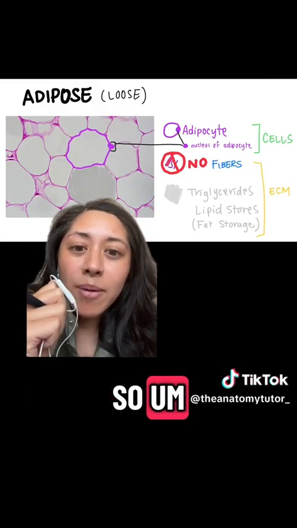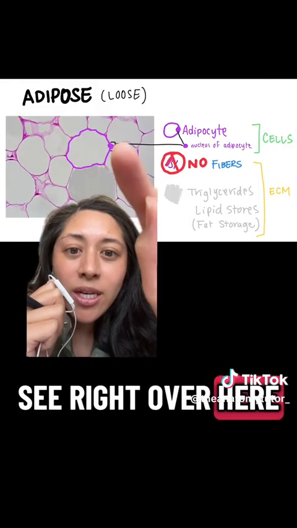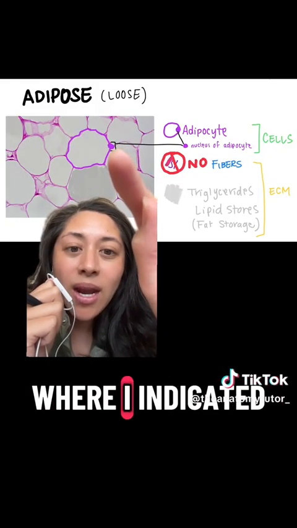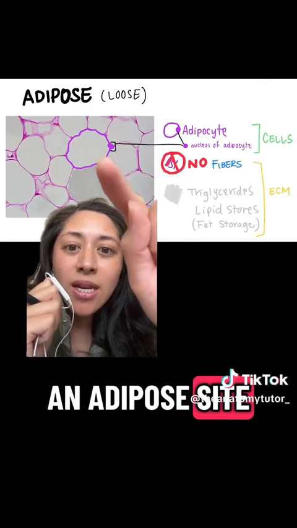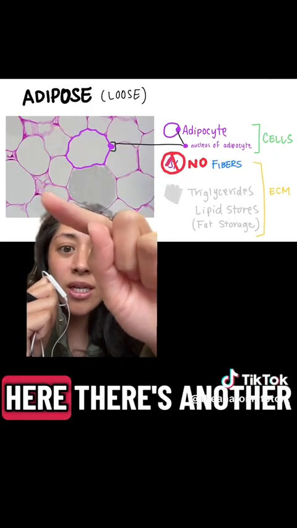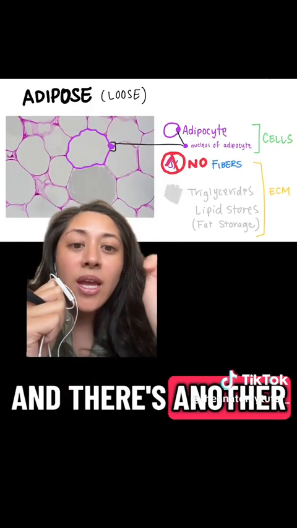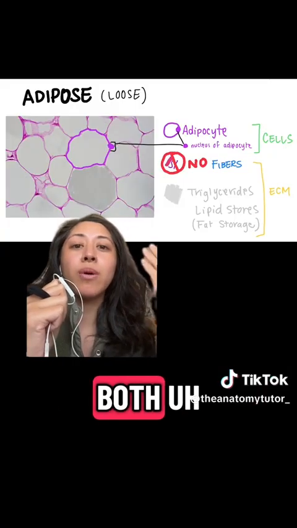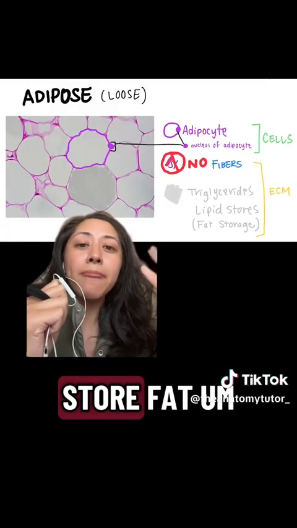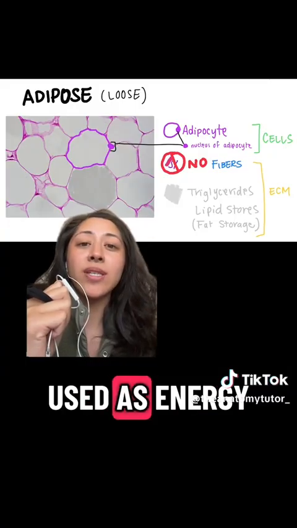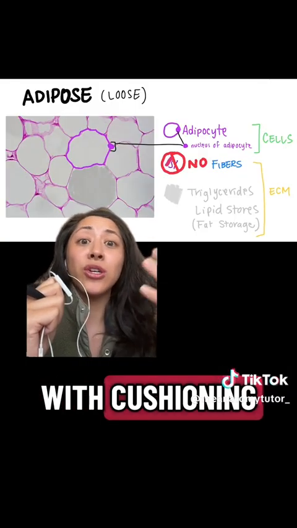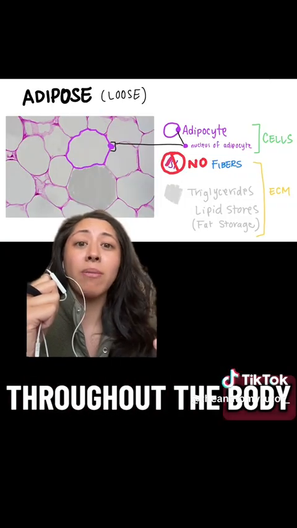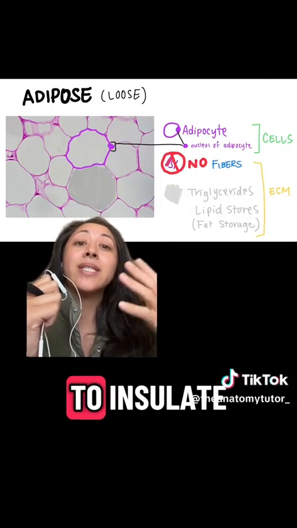So if you could see right over here, that's where I indicated the nucleus of an adipocyte. You might even see one right here, there's another, and there's another. And the function of adipose is to store fat to be later used as energy. It also helps with cushioning organs throughout the body, and also helps to insulate.